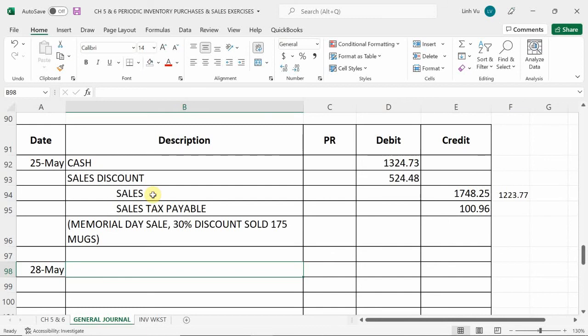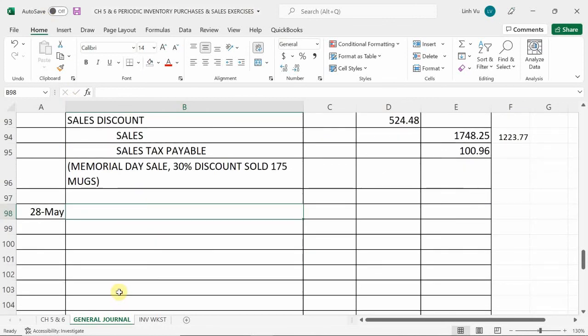Sales, yes, we are going to be recognizing sales. But what does a credit card do? It makes purchases, but in this case, a customer used it to pay us. So do they owe me money? No, they don't owe me money at all because they used the credit card.